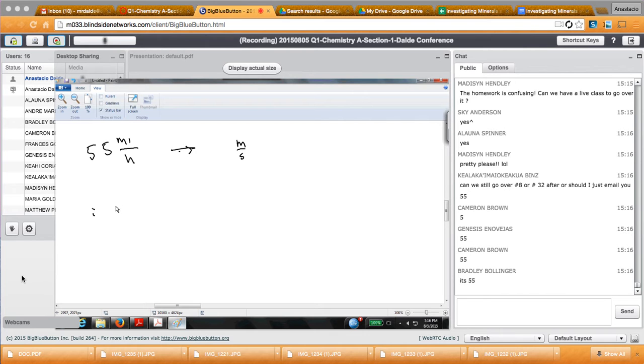55 miles per hour. I'm going to make that little table. Okay? Let's convert miles to meters. So I know that there are 5,280 feet for every 1 mile. I know that 1 foot is 12 inches.